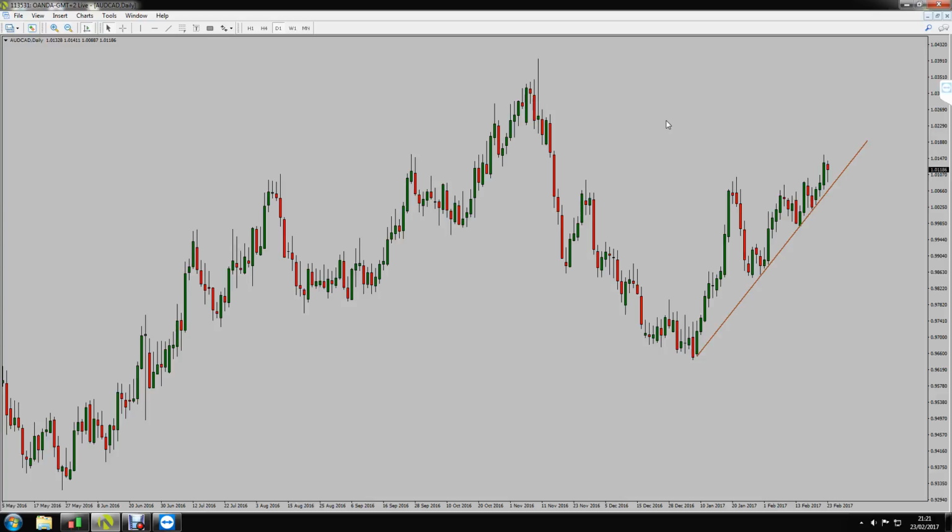I don't need a momentum indicator to understand that the momentum is strong or weak, because all I have to do is watch the angle of the trend line.